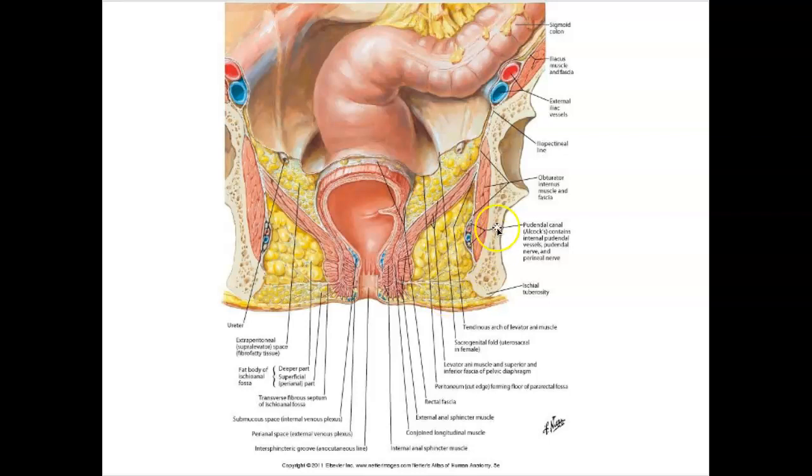Now, another just interesting thing about this Alcock's canal or pudendal canal is that I'm an avid cyclist, and sometimes if people are brave enough, they'll come up to me in the clinic, or just friends will say, "Ooh, I'm losing sensation in the area between my legs." They don't know what to call that, the perineum usually, but the area between my legs, it'll either be painful or it'll go numb.